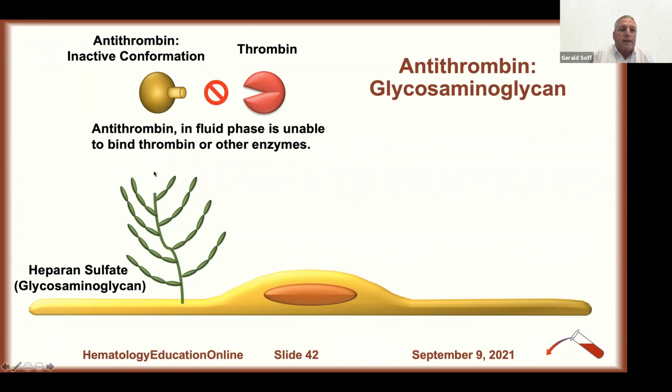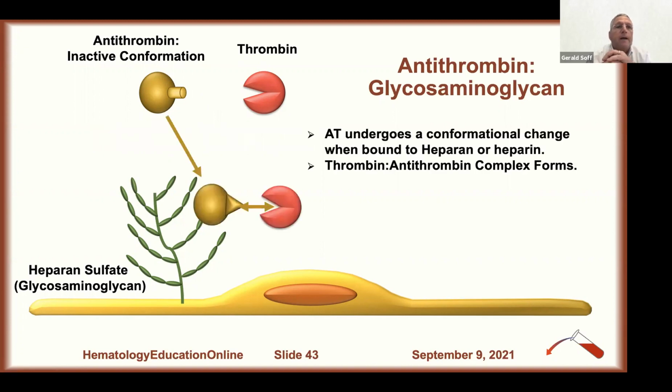You can see it looks like a tree in a way. And this is the core protein, and these are the active side chains, the glycosaminoglycan side chains. This is heparan sulfate, and it's chemically very similar to heparin, as you all know, a very important drug. So in the natural state where the blood is flowing, you do not see any activity here.